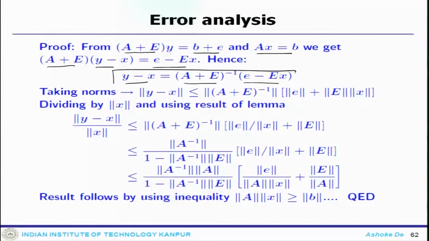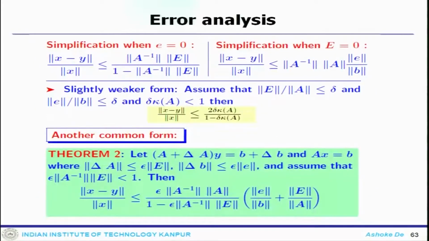Now, taking the norm, the norm of y minus x is less than or equal to the norm of (A plus E) inverse times (the norm of epsilon plus the norm of E times the norm of x). Now, you divide that by the norm of x, so the inequality stands, and if you do the algebra, you can prove that this happens.